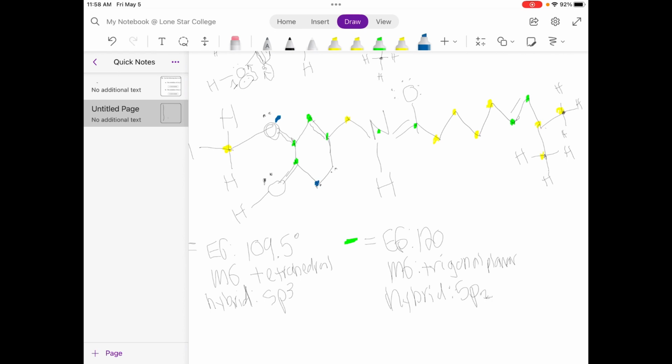Okay, and that's the exact same thing. Wait, why am I drawing it blue? I'm sorry. Okay, trigonal pyramid is actually going to be a different color.